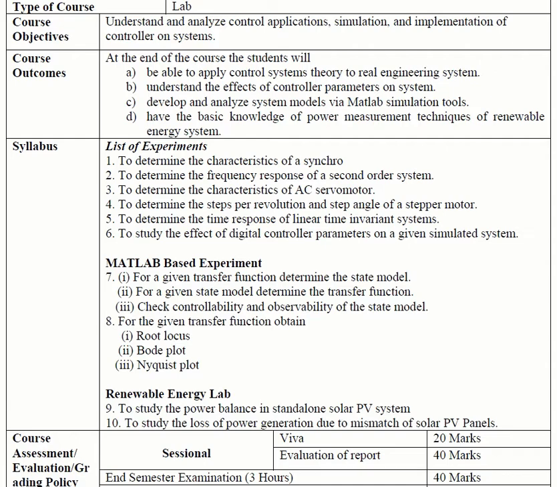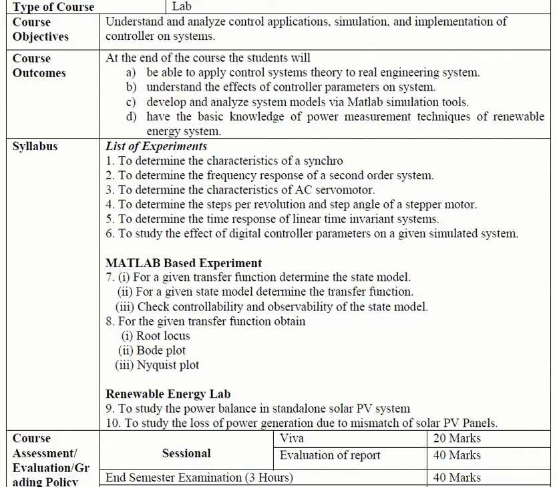So these are very basic, in fact very easy experiments that can easily be done on MATLAB. They will require some basic knowledge of how to execute MATLAB and the basic functions which are used for converting transfer function to state model, or state model to transfer function, or to find controllability and observability of any given state model.